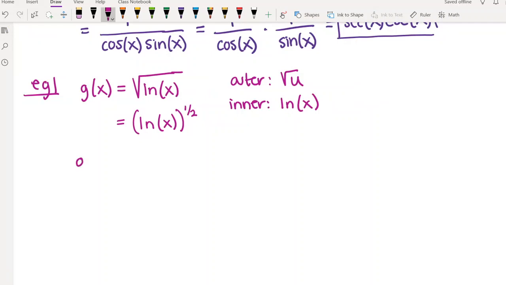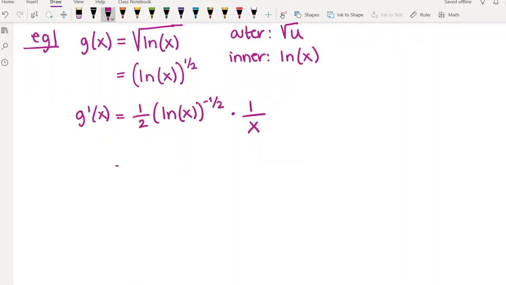So the outside part of the derivative is going to be doing the power rule, but leaving ln of x as our input. So we're going to get 1/2 times ln of x to the negative 1/2. That's the outer part of the derivative. And then we're going to multiply that with 1 over x, because that's the inside derivative, right? Because the inside function is ln of x.